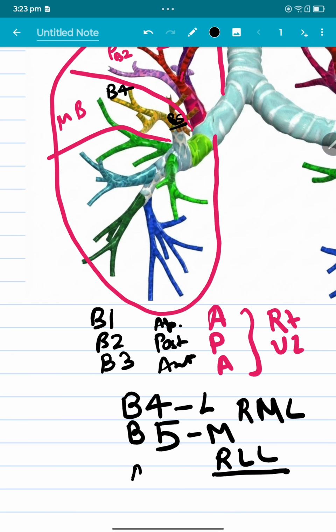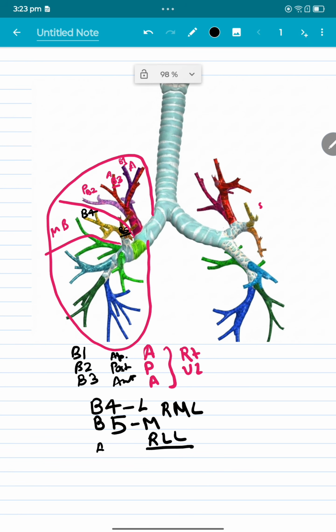Then we have the right lower lobe, where the mnemonic is A, M, A, L, P. A is for apical. This is the apical segment of the lower lobe, labeled bronchus B6.